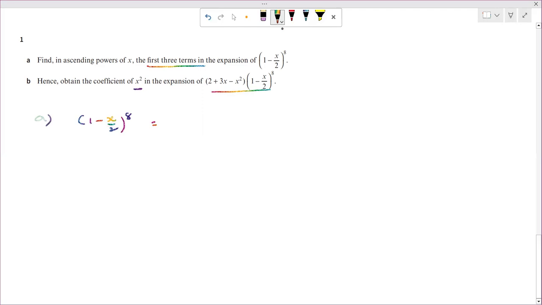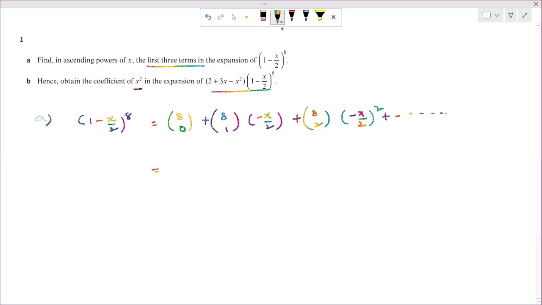Use the formula: nC0 plus nC1 x plus nC2 x square, with x by 2 whole square, and so on. First three terms only.